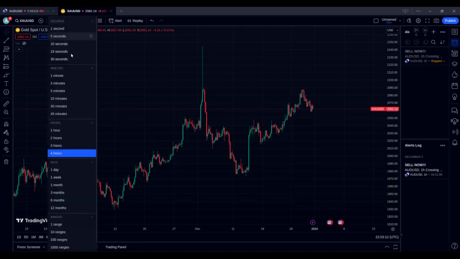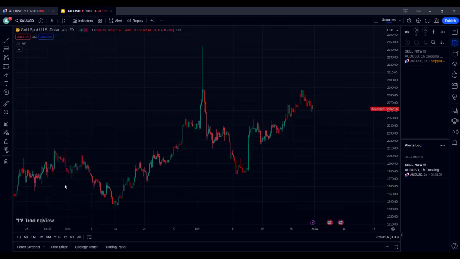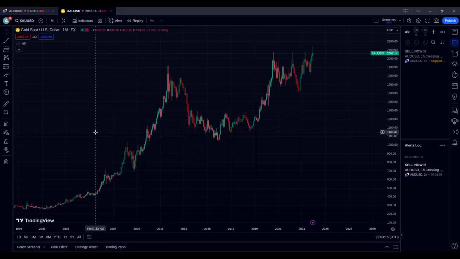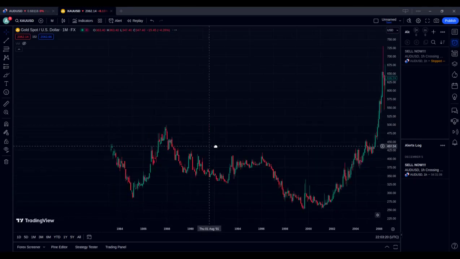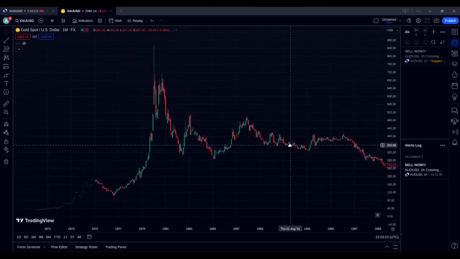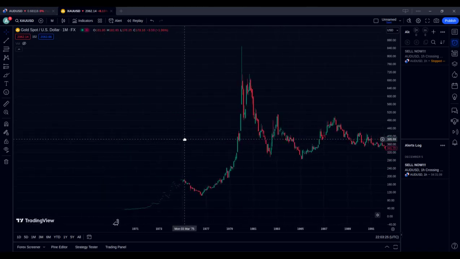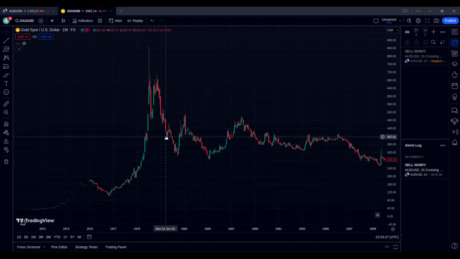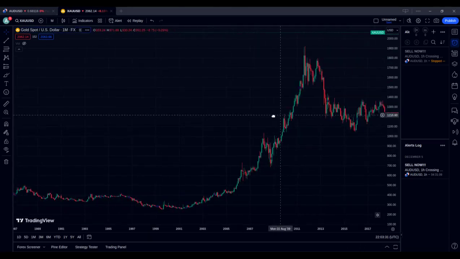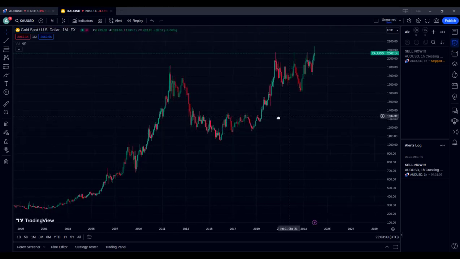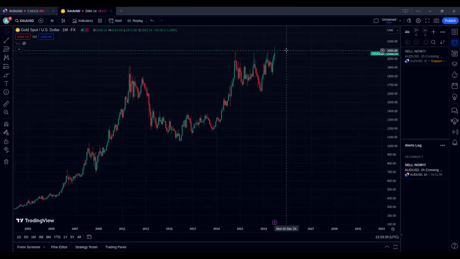So let's get into this. I will start from the 1 month time frame. Now let's look at this. This is gold. This is how gold started. You can see how it moved up, and this is a new higher high.